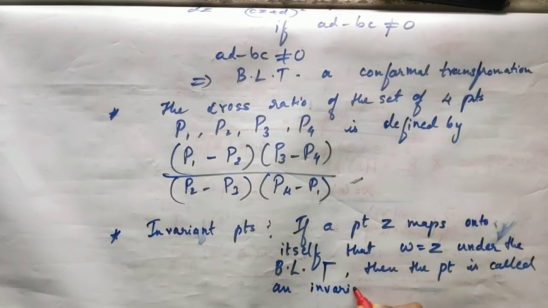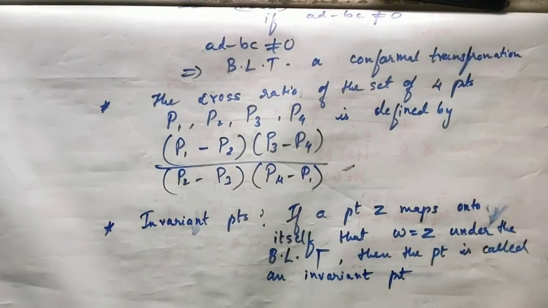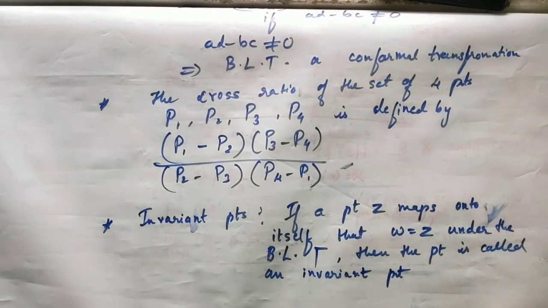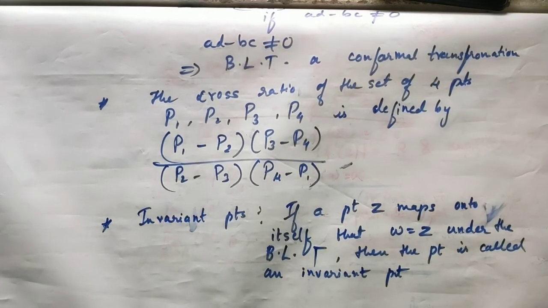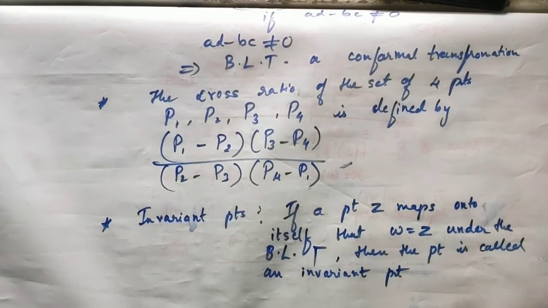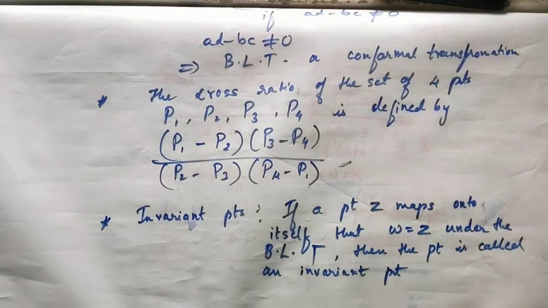Obviously, there is no variation. After that transformation is applied, the point is not changing at all. Therefore, it becomes an invariant point under that BLT.